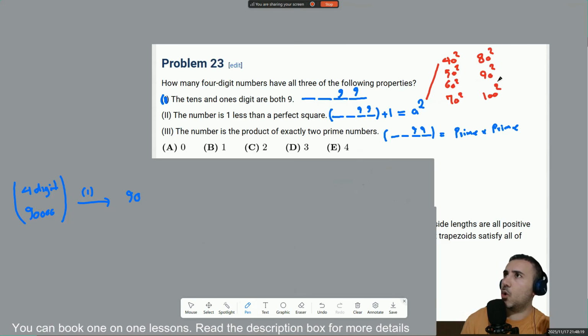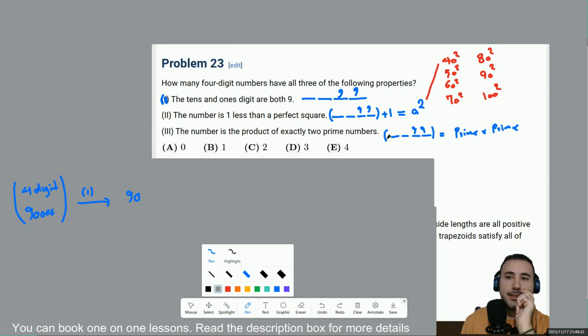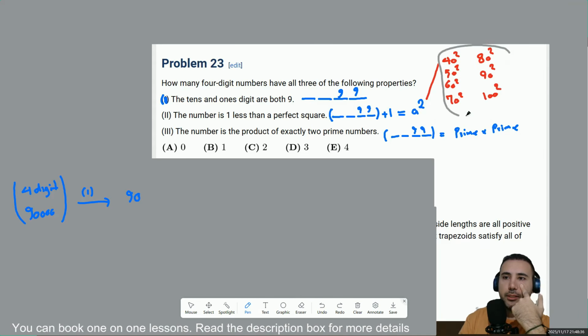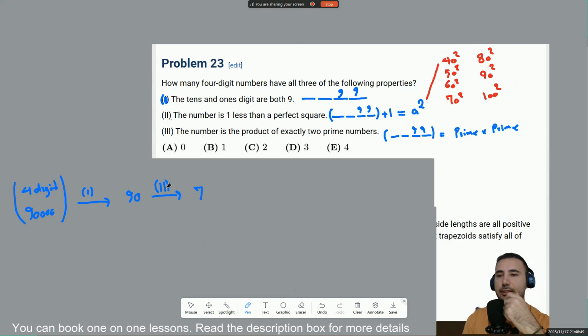If I go more, look, 100 squared is 1, 0, 0, 0, 0, which is 5 digits. That's the maximum, right? So now look, these are the values of a squared. So how many numbers do we have now? These are just 7. So with the condition number 2, we only have 7 things to deal with.